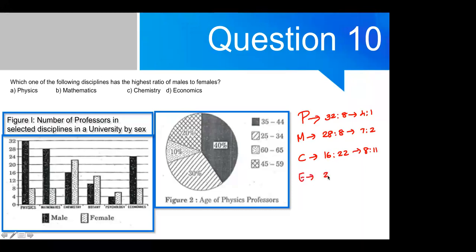Economics 24:8, 3:1. Which is greater? Physics is greater, 4:1. Okay, 4:1 means 4. 7:2 means 3.5.